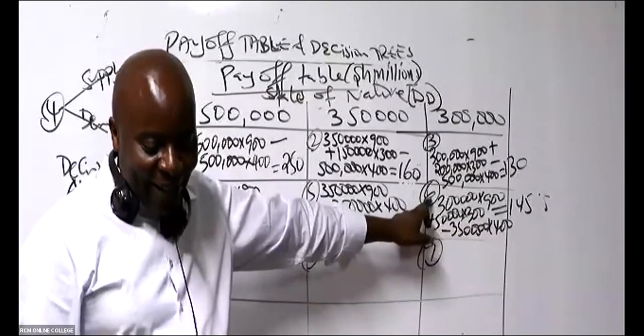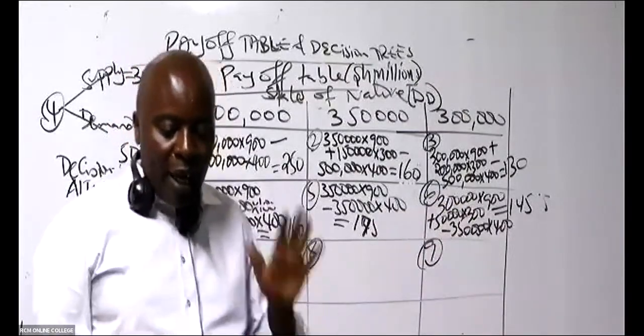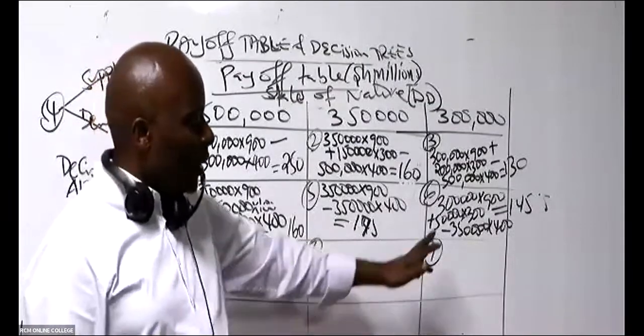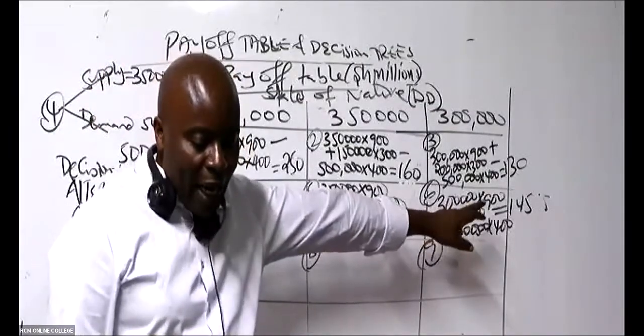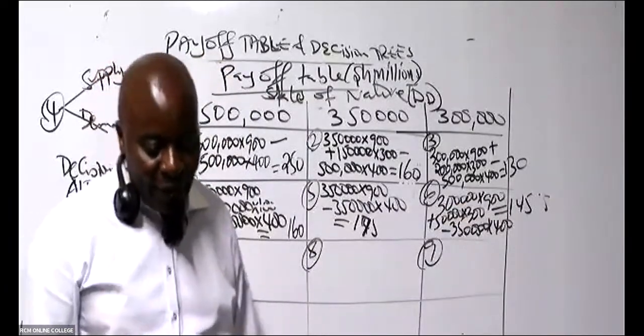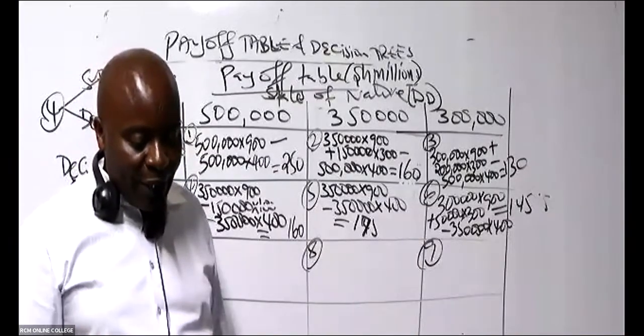Umeget, eh? So 145 is correct. I will not move on until all of us agree. Let's agree. Is there somebody who is getting a different answer other than 145? Anybody getting a different answer still? Tumsort kwanza kabla tufute.